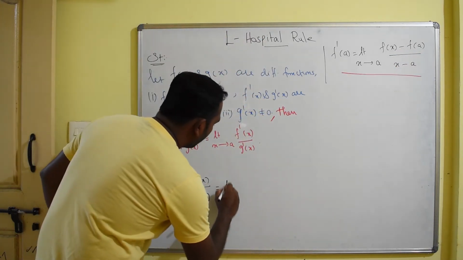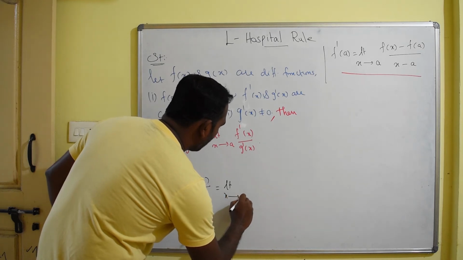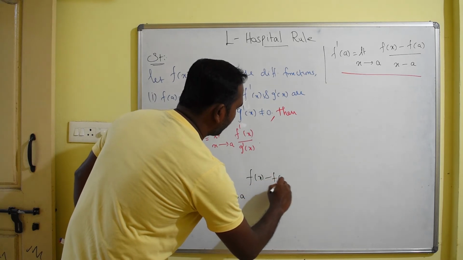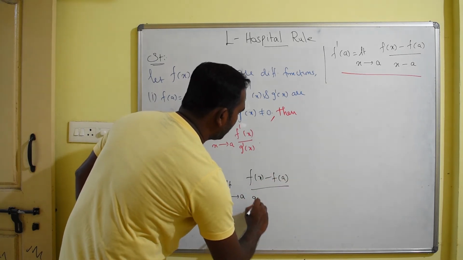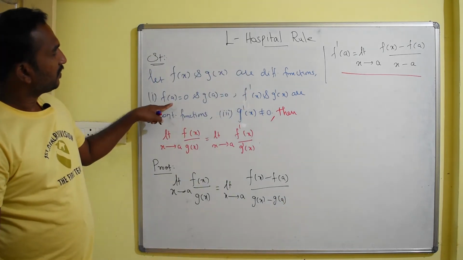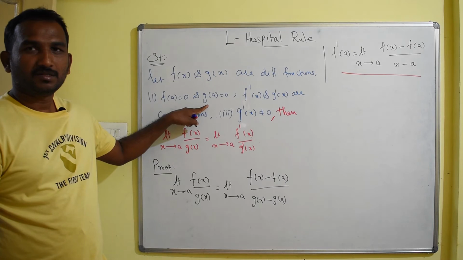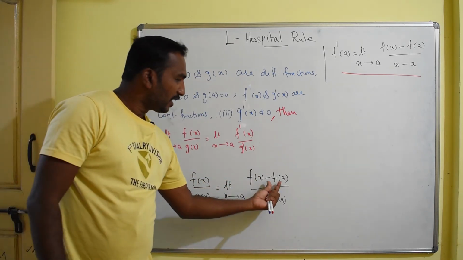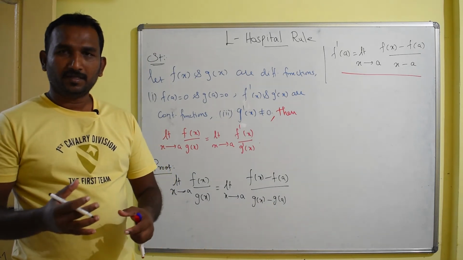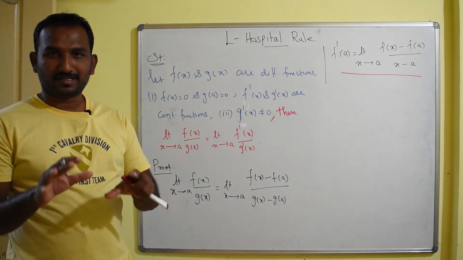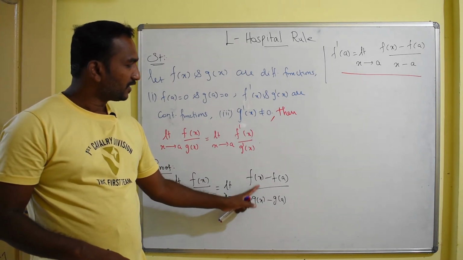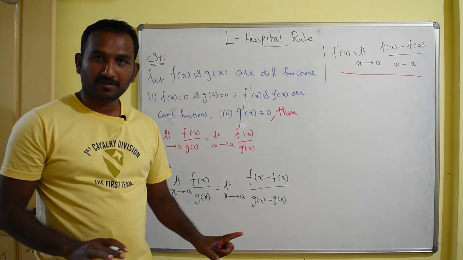Then limit x tends to a, we can write f of x minus f of a divided by g of x minus g of a. Why? Because f of a equal to 0, and g of a equal to 0. If I add here or subtract from f of x and g of x, there is no difference in the given equation. It is balanced only, so I subtract f of a and g of a from f of x and g of x respectively.